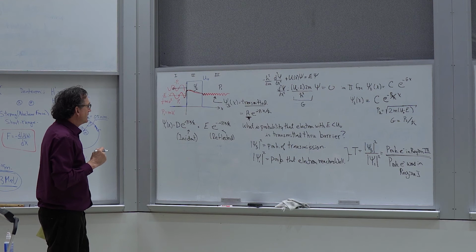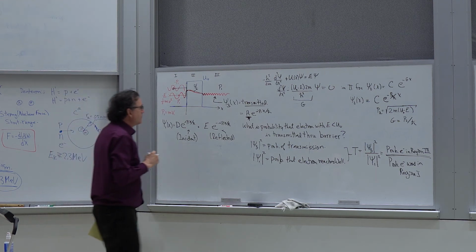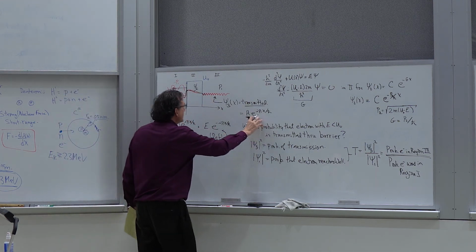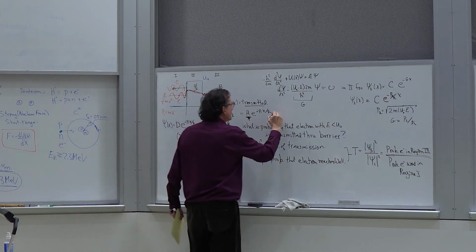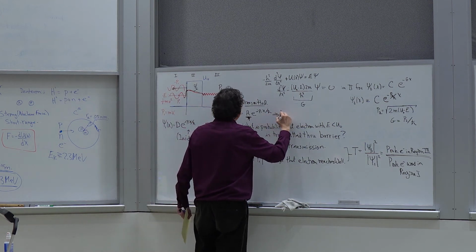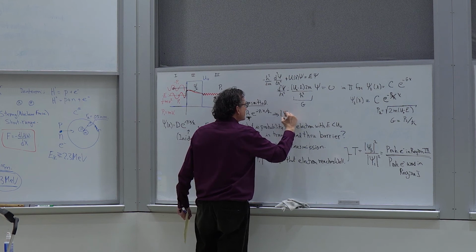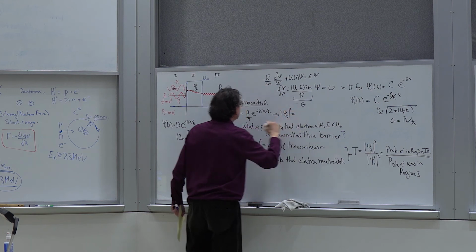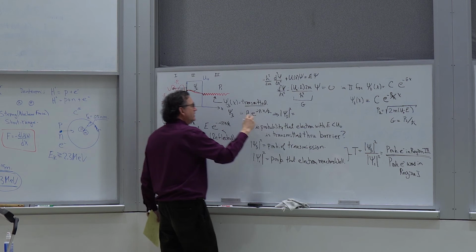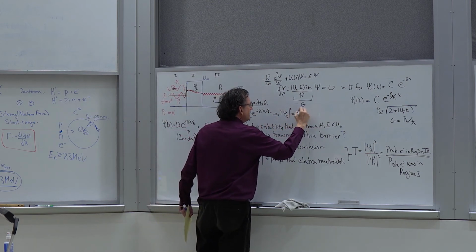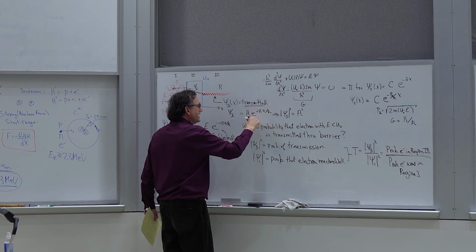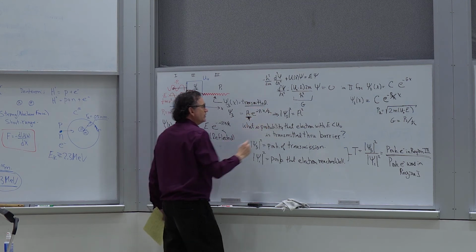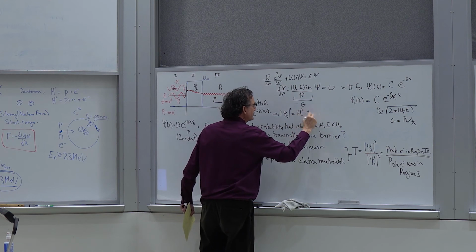So let's evaluate that. First of all, what is the amplitude squared of psi 3? Well, it turns out that psi 3 squared is equal to the amplitude A squared times the absolute value of the exponential, which is 1. Right?